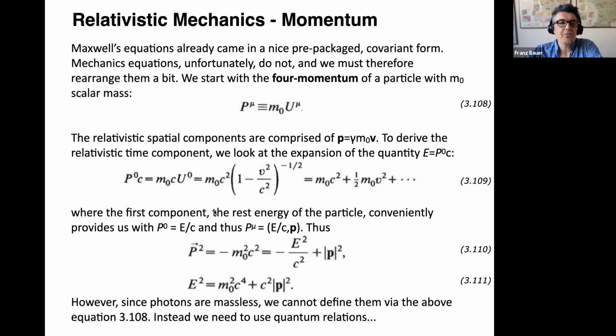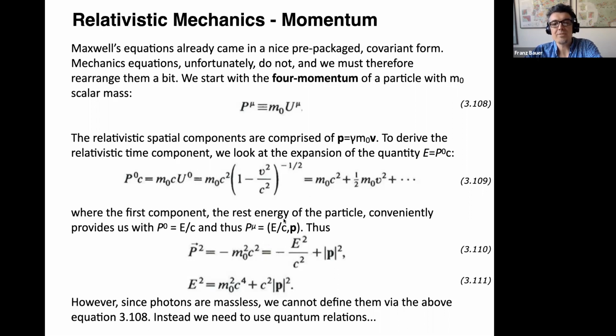Thinking about this a little bit more, this first component here is, as I said, the rest energy of the particle. If we conveniently square this thing, it would look like energy divided by c, and so we can rewrite this as this, and this makes a little bit more sense. So we have E divided by c is this component.